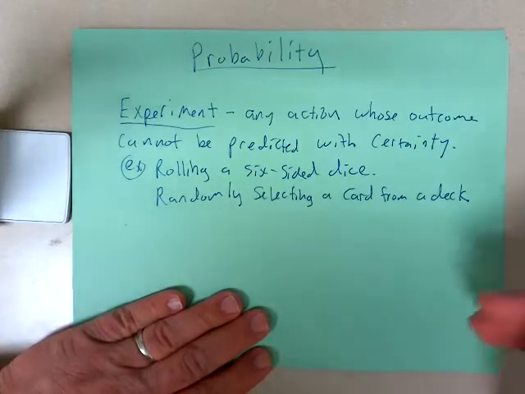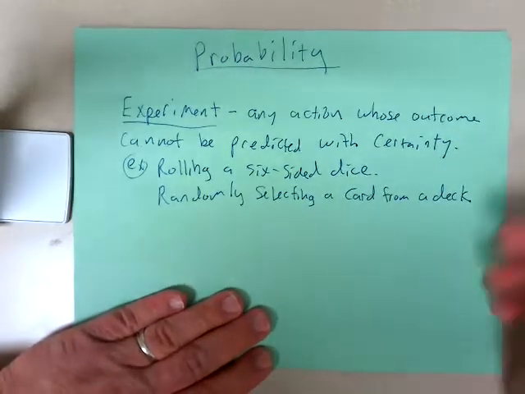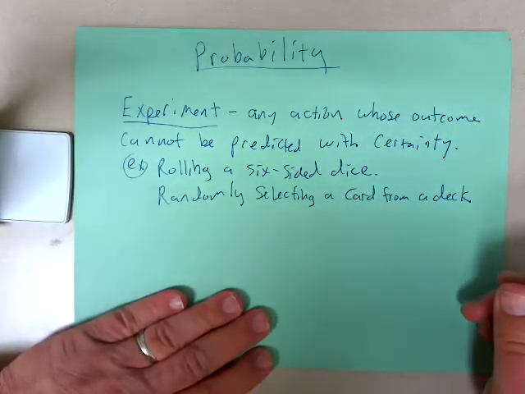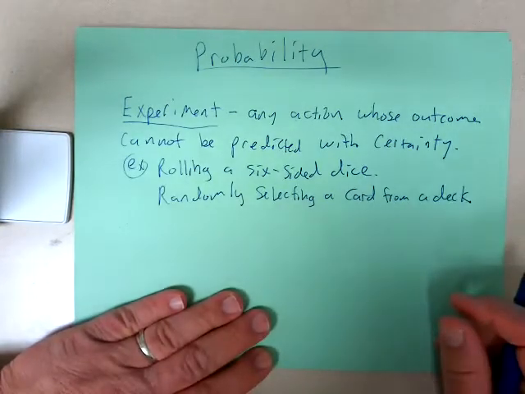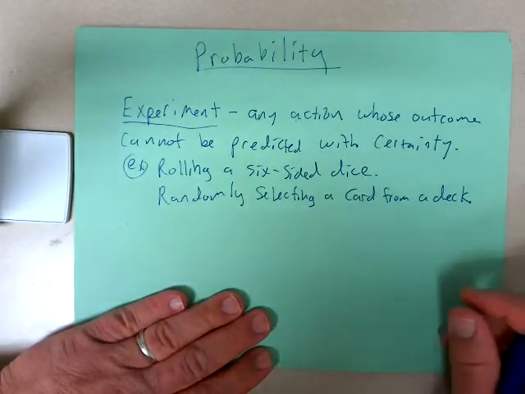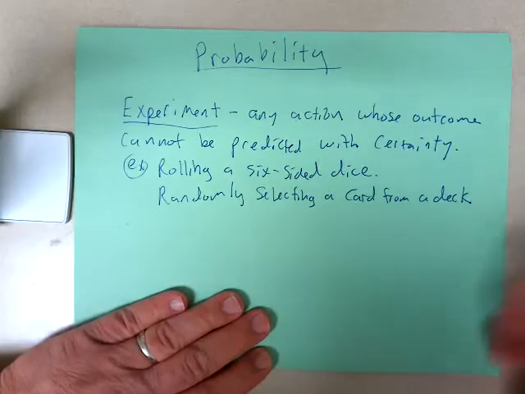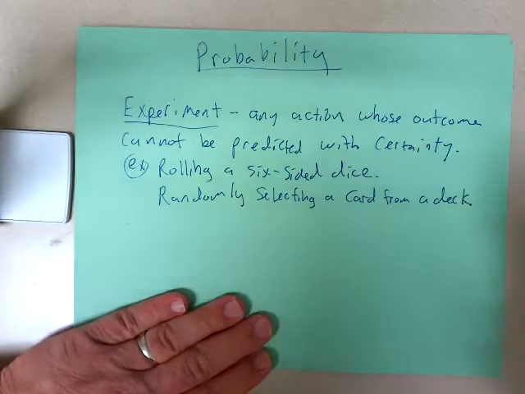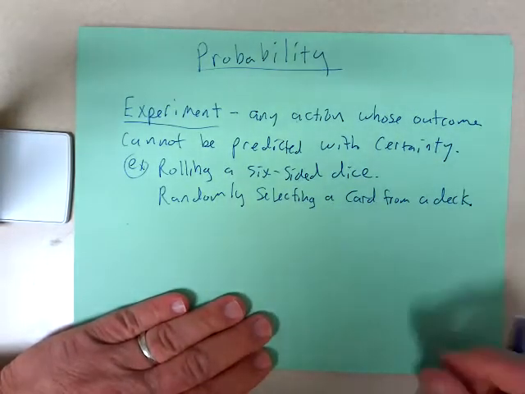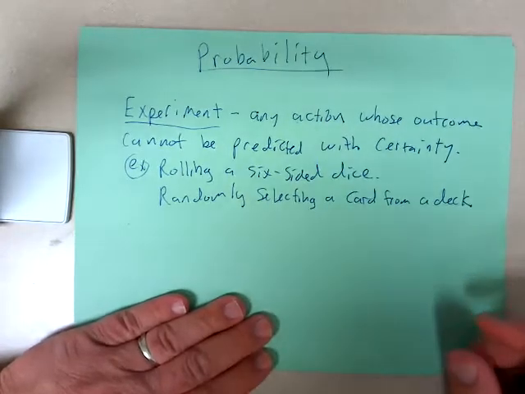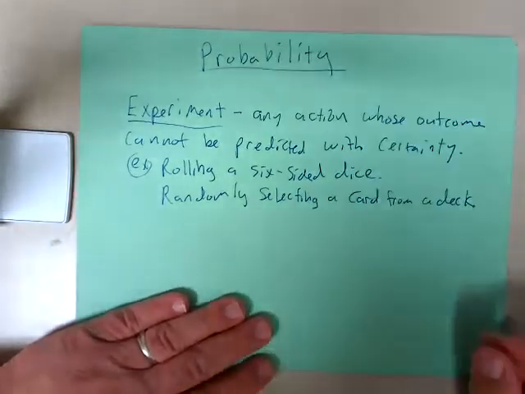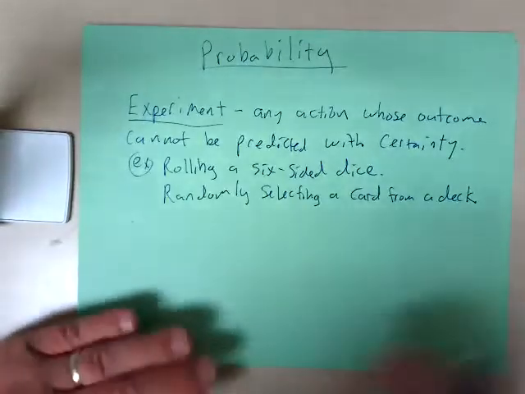One experiment would be randomly selecting a sample out of a population. And you might wonder what's the chances of selecting a sample that has a mean, let's say, greater than a certain value or less than a certain value, something like that. Okay, so statistics and probability are going to go hand in hand.